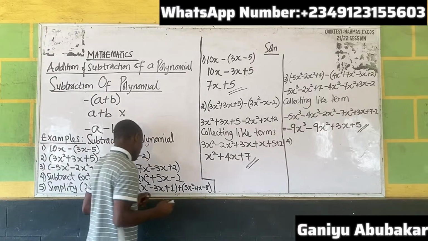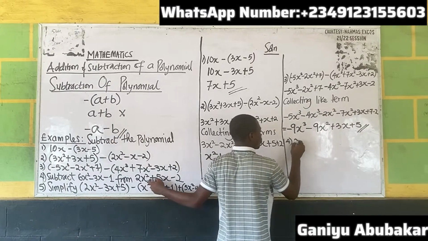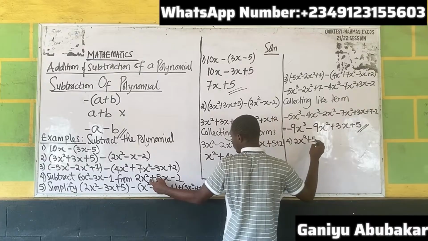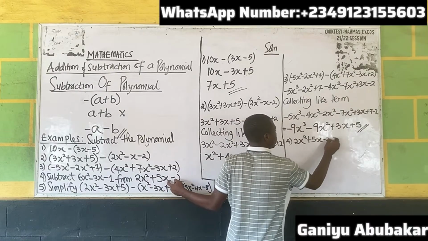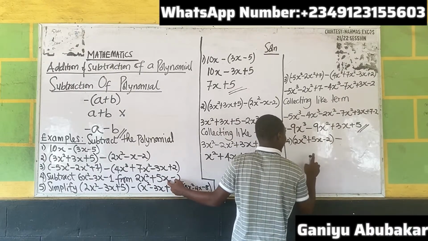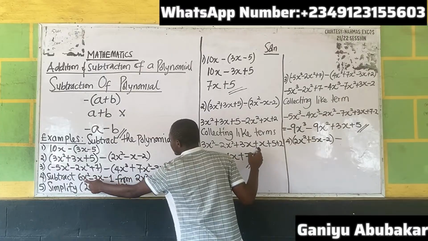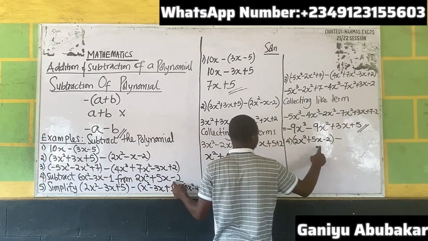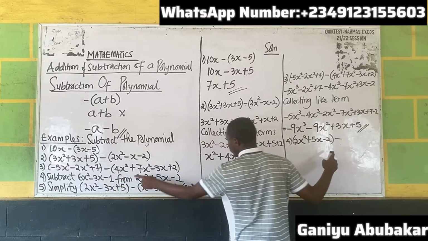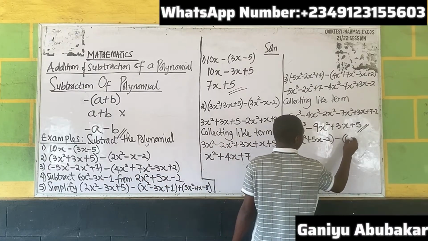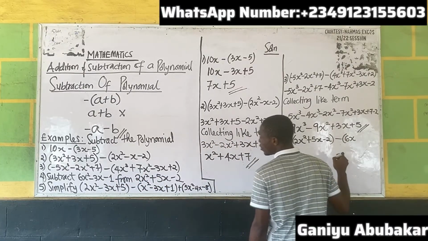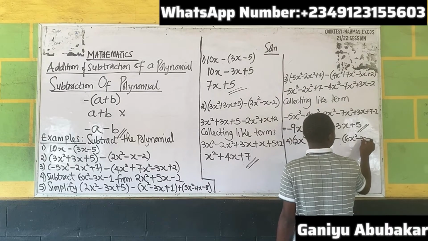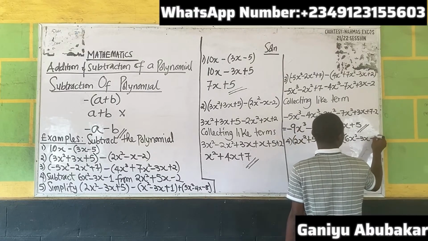That's 2x squared plus 5x minus 2. Then, subtract this value from this, so I'll take away this one. That's 6x squared minus 3x minus 1.